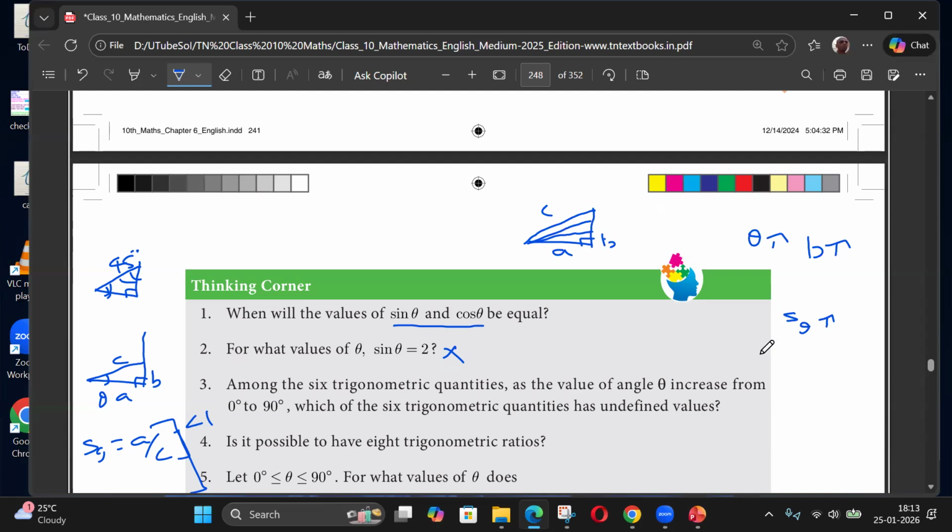Another way of drawing this is to take a circle of radius r. Whatever the angle is, this is theta.